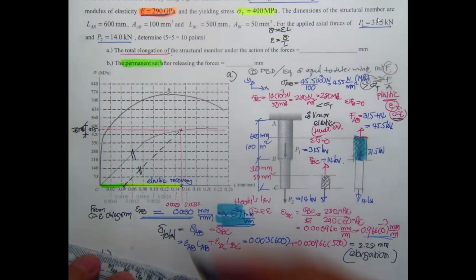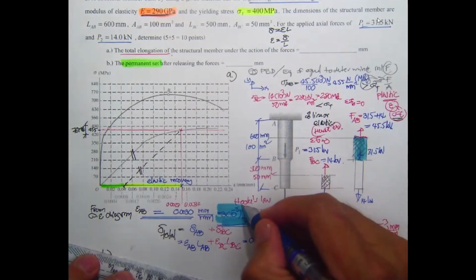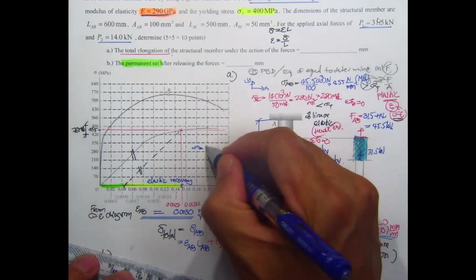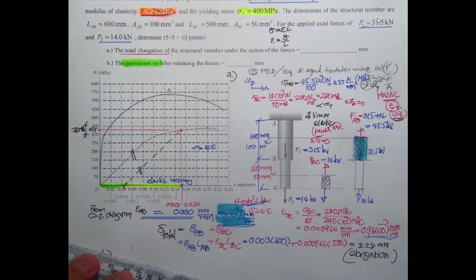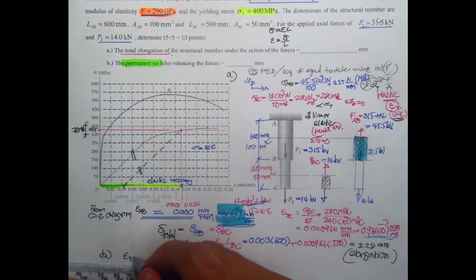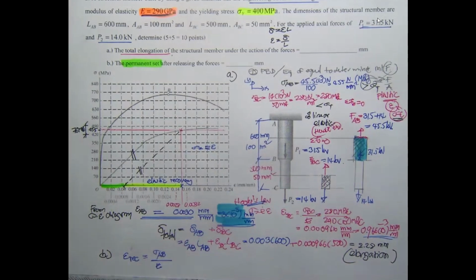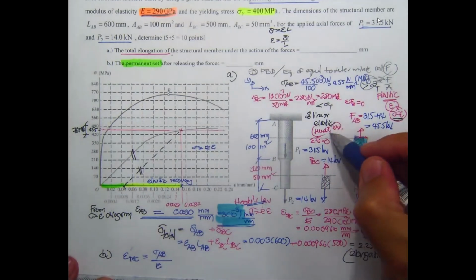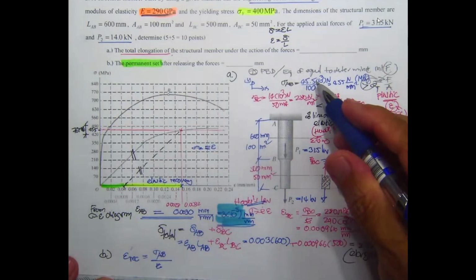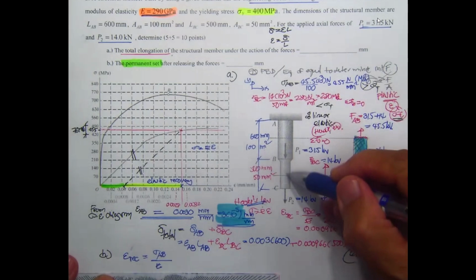What's going to be this one? The return is linear, so the return is going to follow Hooke's law, sigma equal to E epsilon. Then we will have strain recovery equal to sigma sub AB divided by E. Since BC is linear elastic, when you release the load, BC recovers all.